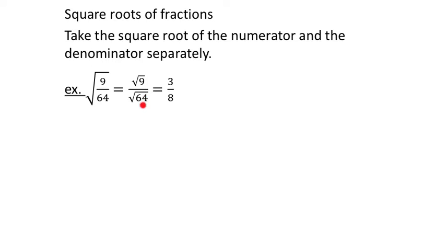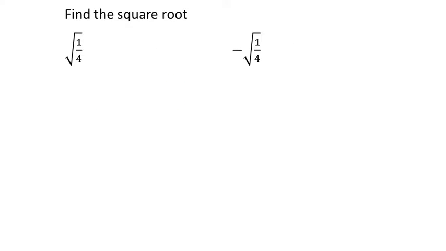Like 9 and 64 are perfect squares, so they simplify into regular whole values. But this strategy is good, like you've seen. Well, I guess that probably wasn't a great example, but whenever you see perfect squares in the fraction, that generally means it's going to come out as a clean fraction as well. Like this set right here.